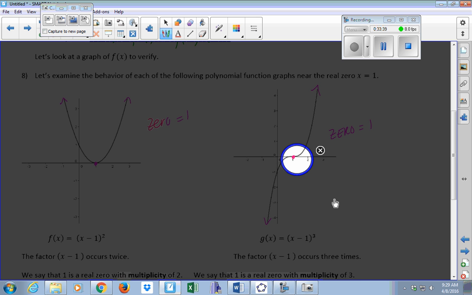One that we just looked at earlier. Is it a straight line? Does it change sign from one side of 1 to the other? That means it has to be odd. So does it look like a cubic function? Yeah. So notice at that 0, this flattens out, which tells you that it has an odd degree.